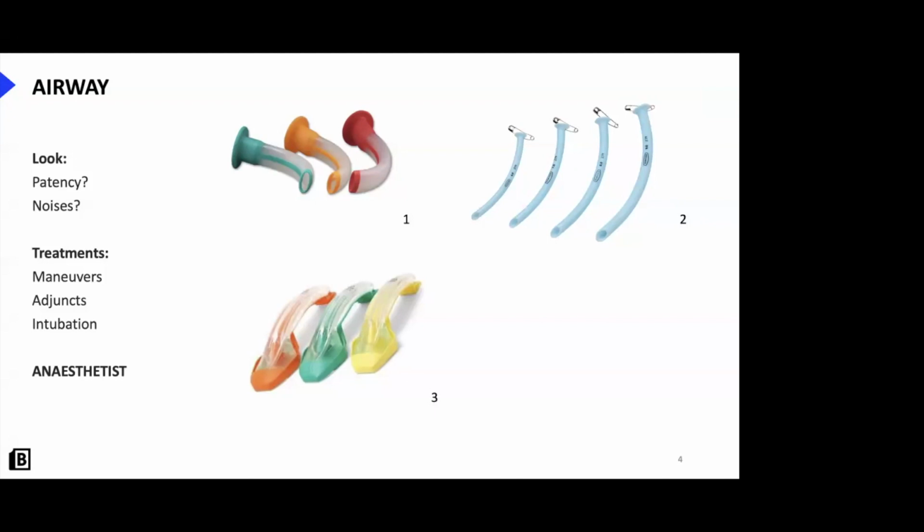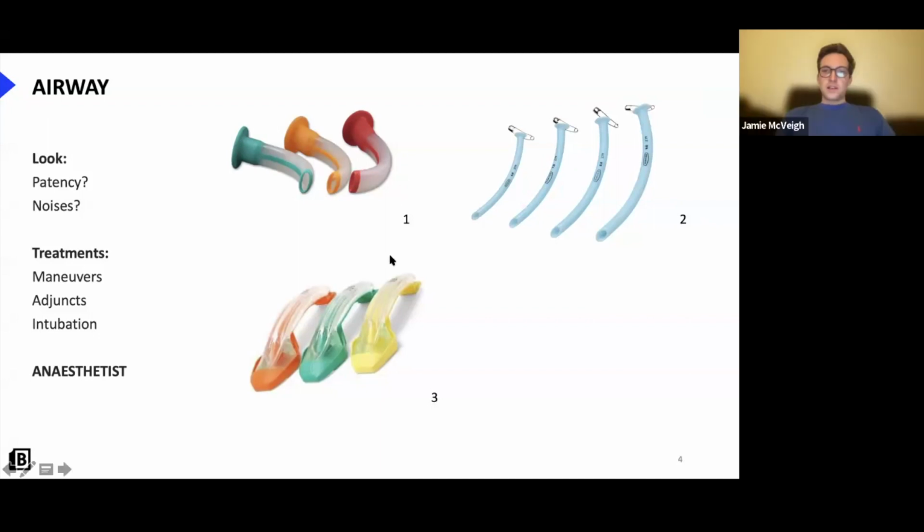2 is a nasopharyngeal, which goes into the back of the nose, just like a nasogastric tube would, and is really useful, particularly in trauma settings, actually, if there might be some craniofacial damage.